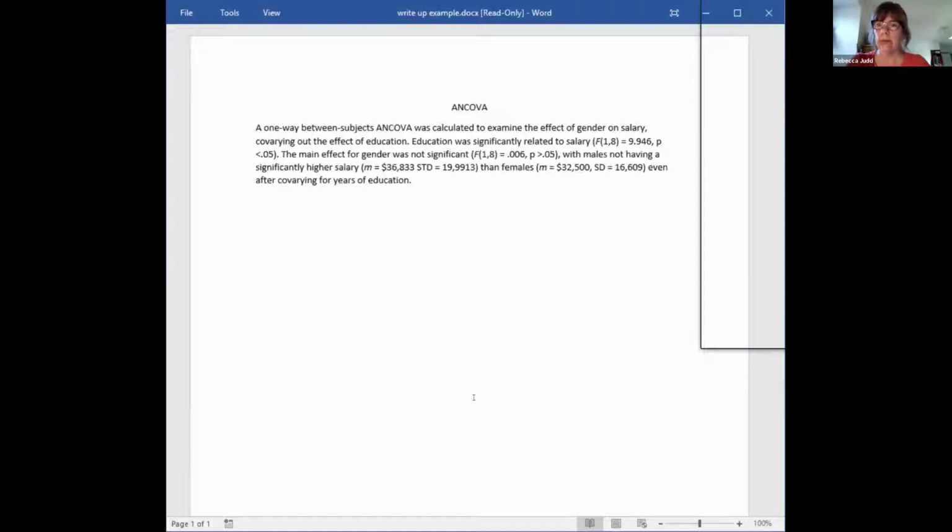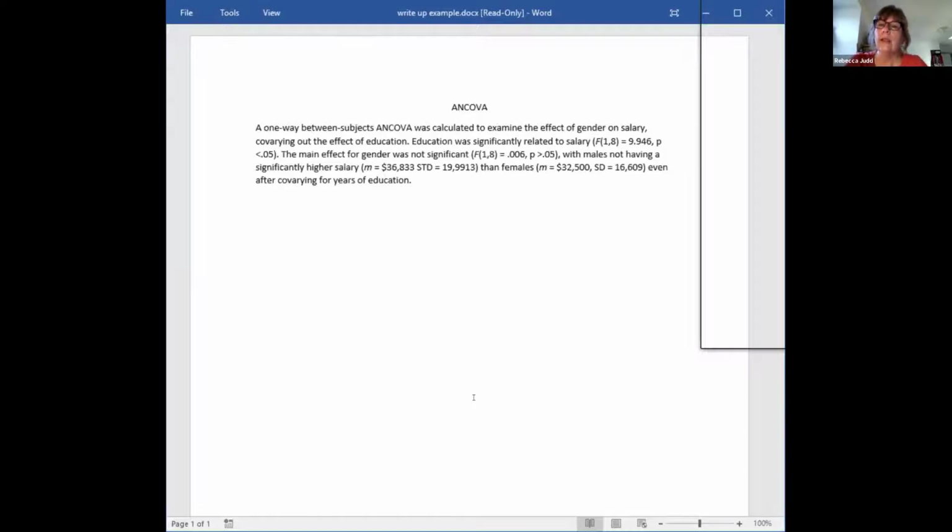Then we have our F, our degrees of freedom, and our p value for that one off of that estimates table. And then the main effect for gender was not significant, so males did not have a significantly higher salary than females. We pulled that from the very first mean, not the covariate mean, the very first mean, even after controlling for years of education.